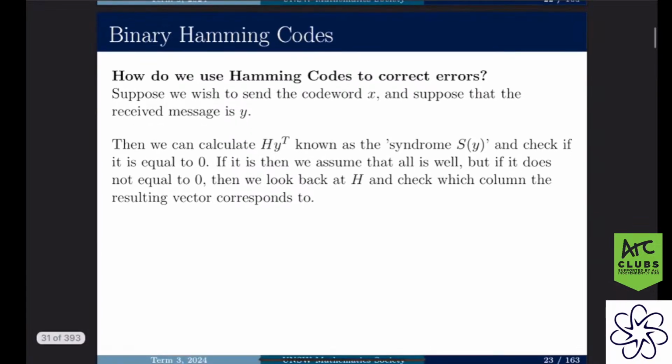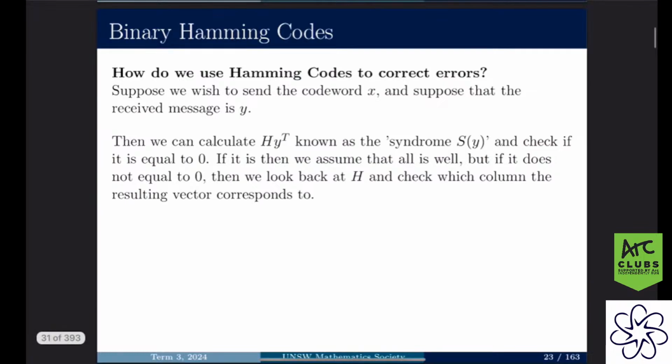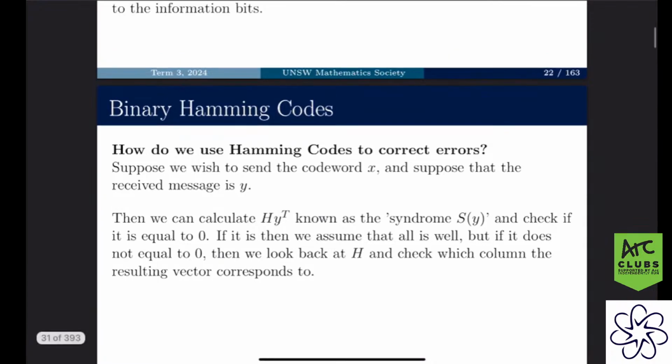So how will we use Hamming codes to correct errors? What we do is calculate our syndrome, and what's really nice about the property of Hamming codes is that the syndrome, if it's not 0, will be equal to the column vector in the position of the error.